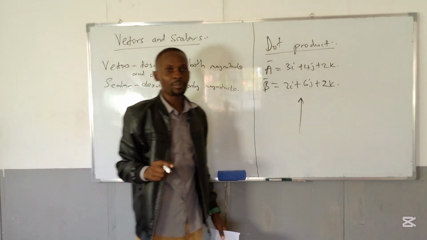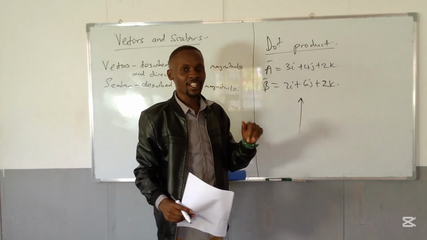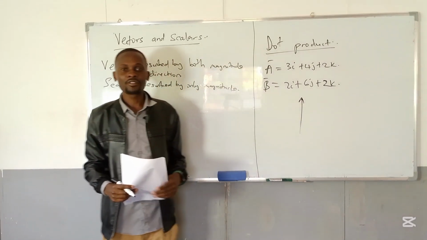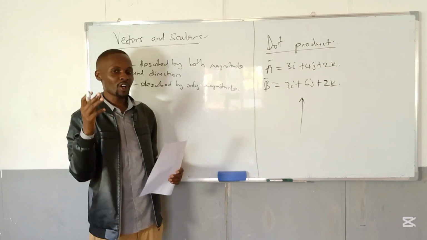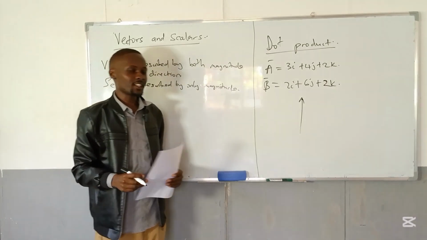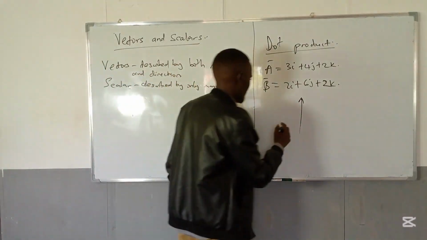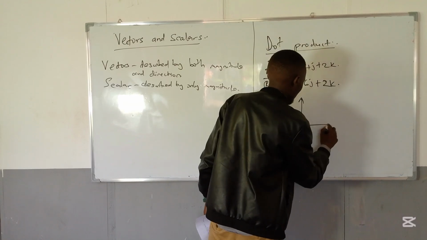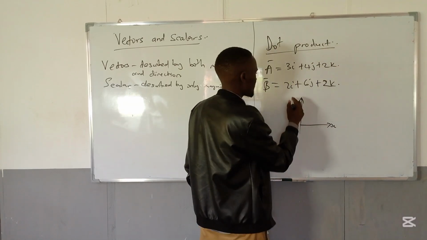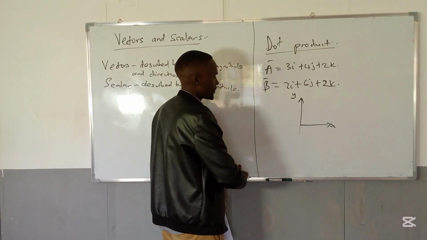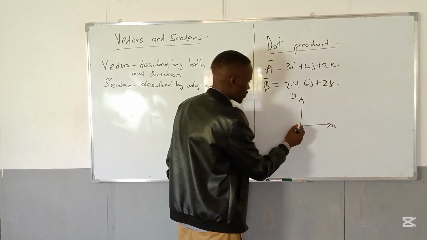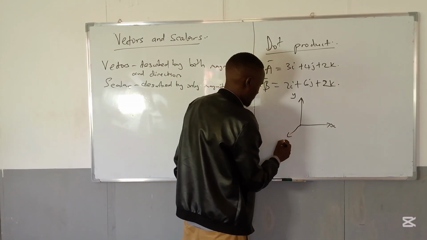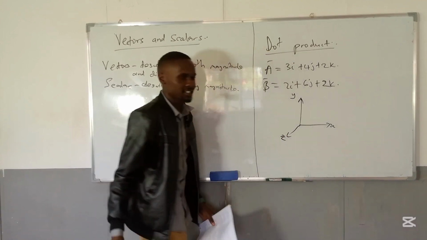We have the Cartesian plane, whereby we have the x-axis, the y-axis, and we also have the z-axis. This is our x-axis, this is the y-axis, and then this one is the z-axis, okay?